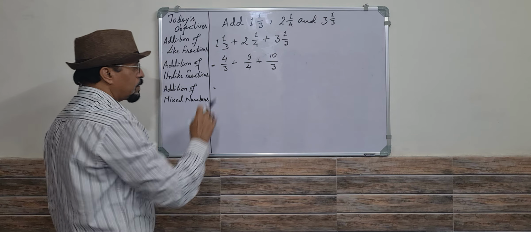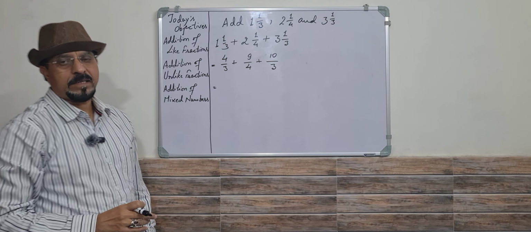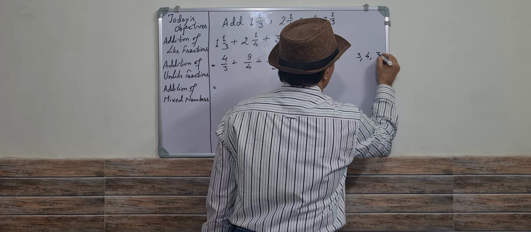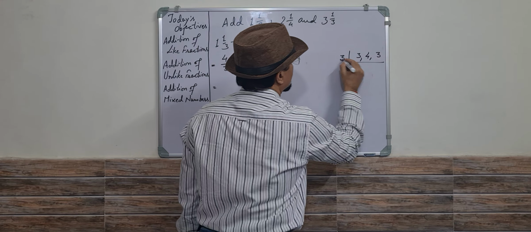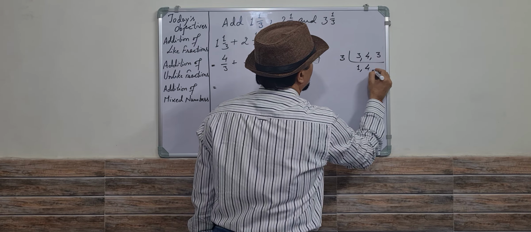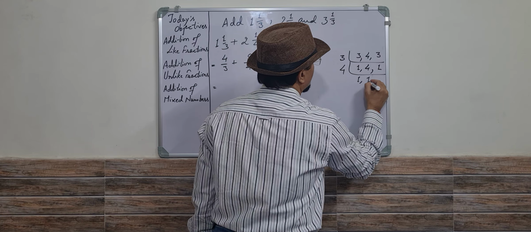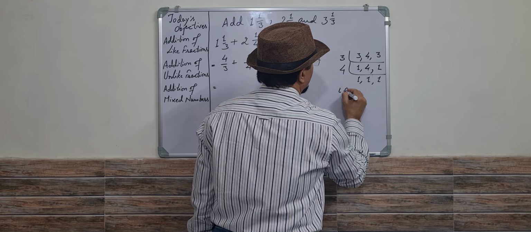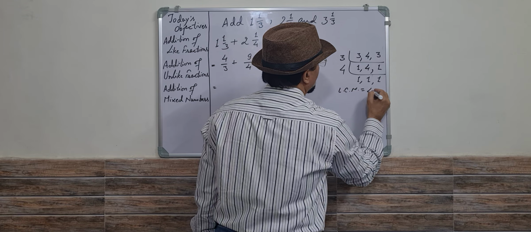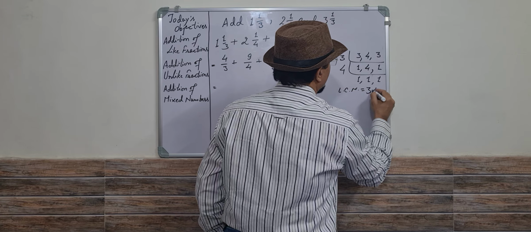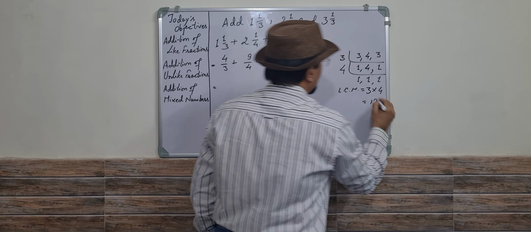Once we have done this, now we need to find the LCM of these three denominators. 3, 4, 3. LCM is equal to 3 into 4, which is 12.